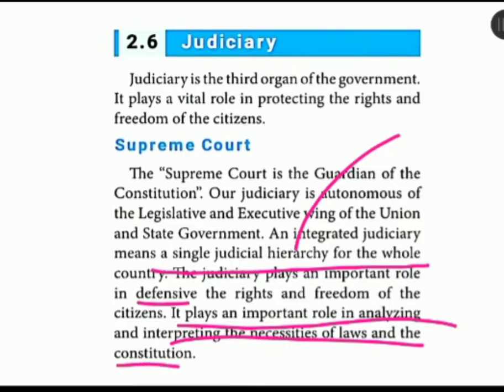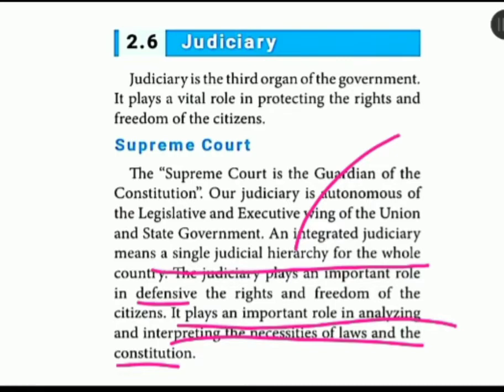If any government violates the provisions of the constitution, who has the right to ask? The Supreme Court has the right to ask against the person who violates the rules and regulations of the constitution.